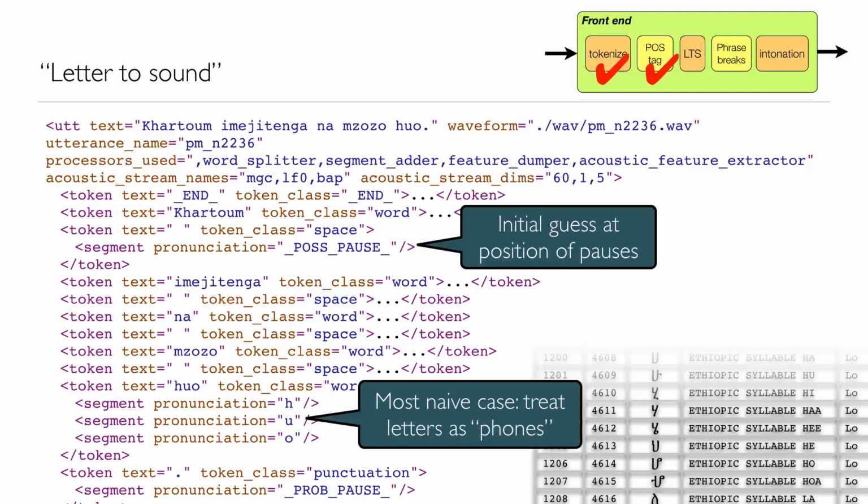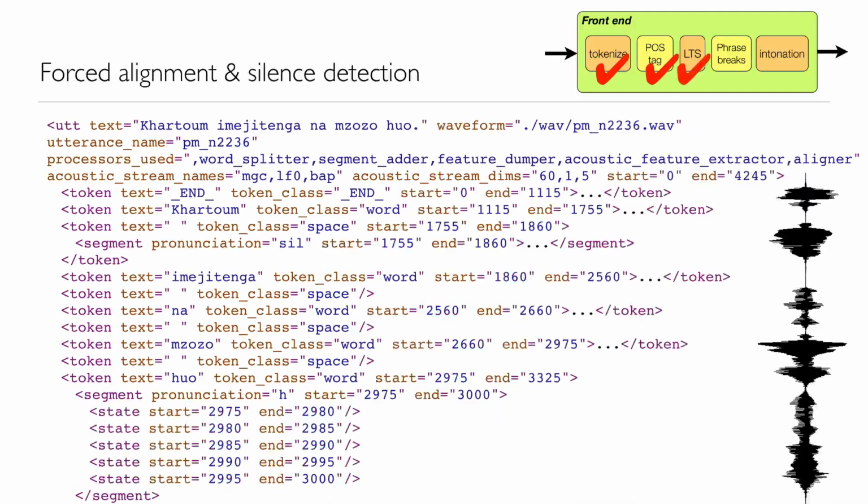Before sending this data to an aligner to get time alignments, we also make an initial guess of where to put silences, so possible or probable pauses. We can do that just by hypothesizing that there'll probably be a pause at punctuation and possibly at white space. Given that, we can do an alignment.